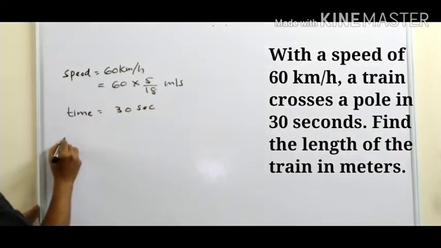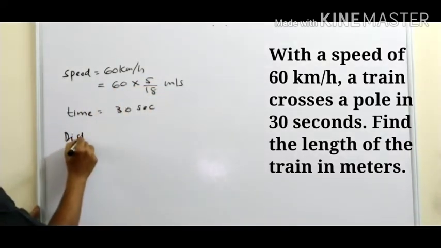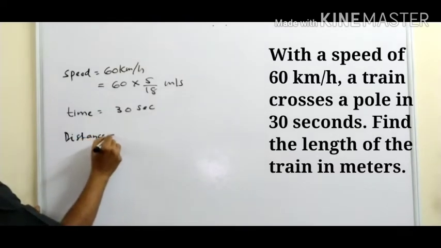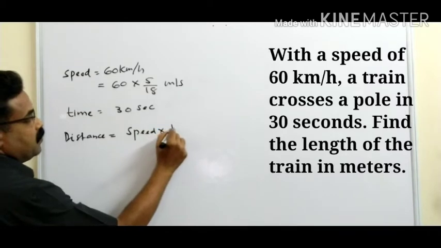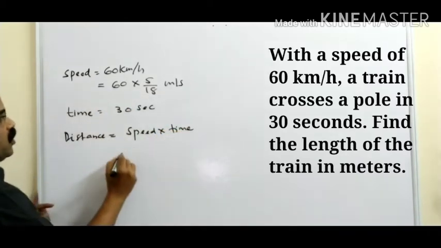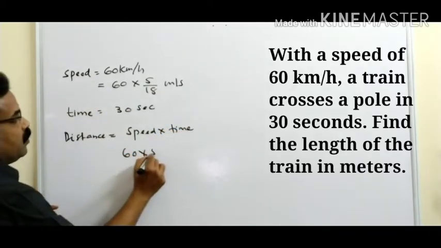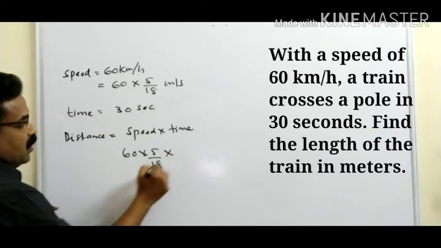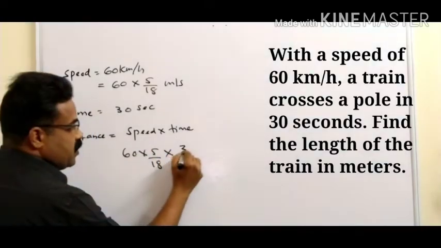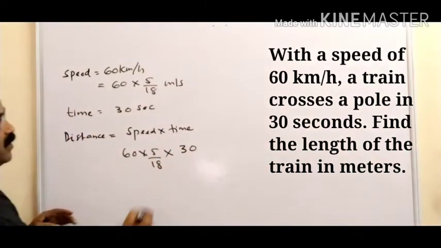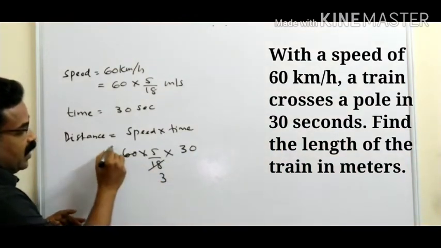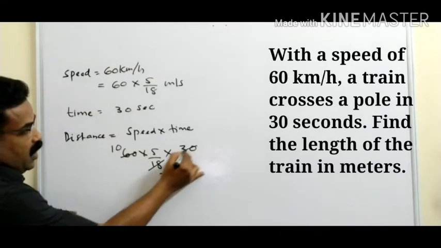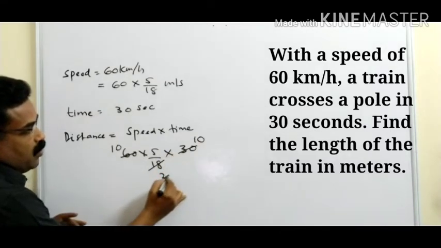So time is equal to 30 seconds, speed is equal to 60 into 5 by 18. We need to find out the distance, that will be equal to the length of the train. So distance is equal to speed into time. Speed is 60 into 5 by 18 into time 30 seconds. Now I can cut this 6 3 times, here 6 10 times, here 3 10 times, here 3 1 time.